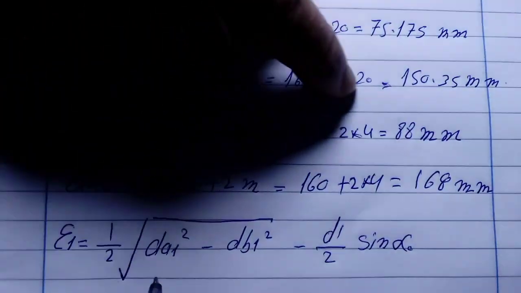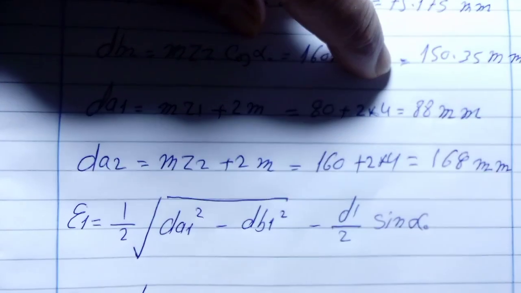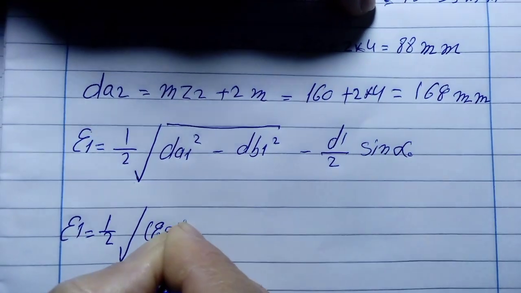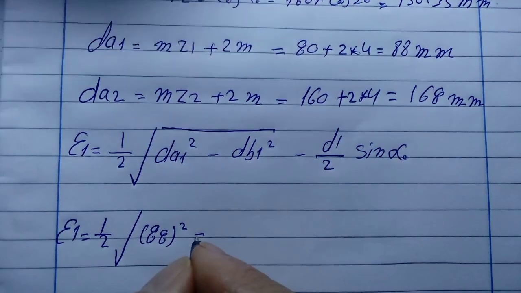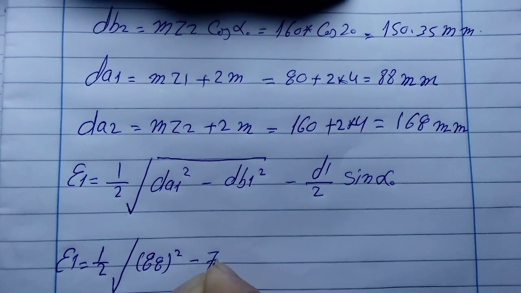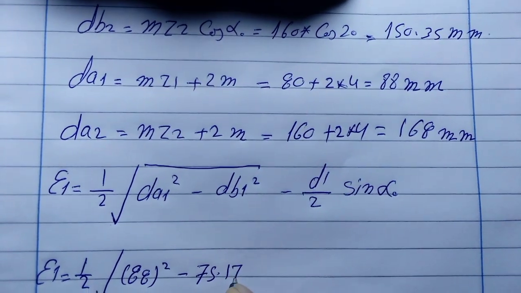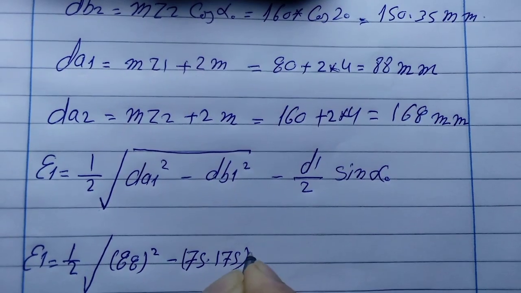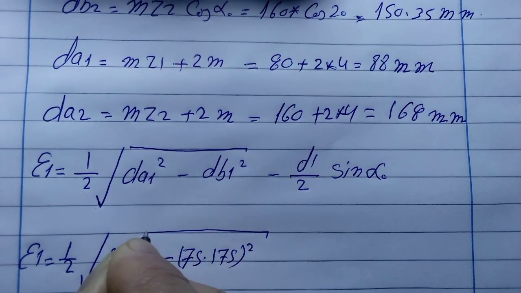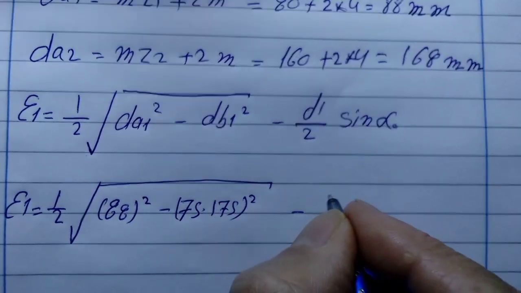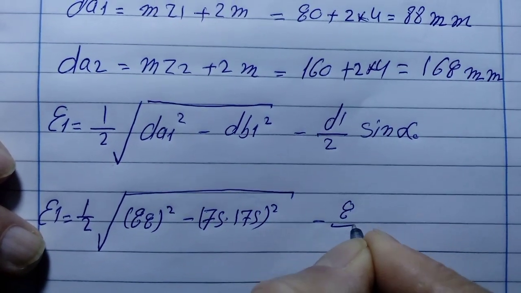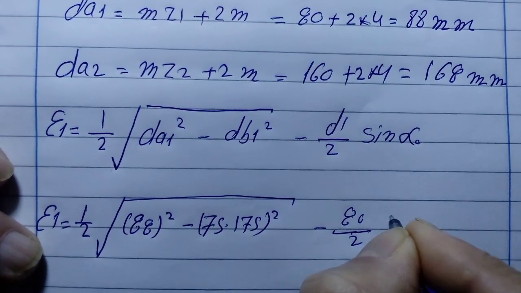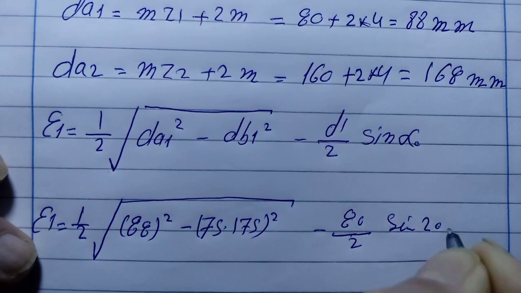Now E1 is equal to half square root of DA1, which is 88, square, minus 75.175 whole square, and the square root minus D1, 80, divided by 2 sine 20.